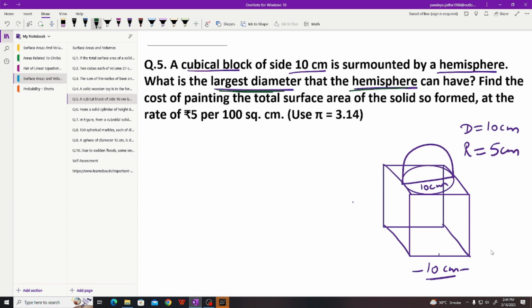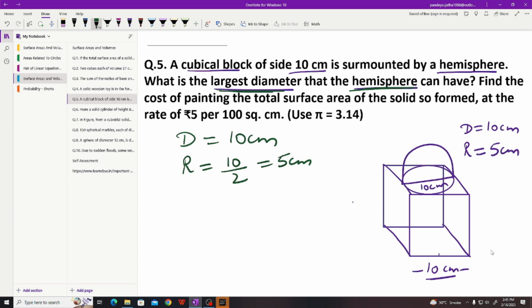So the largest diameter of the hemisphere is 10 centimeter and the radius is 5 centimeter.